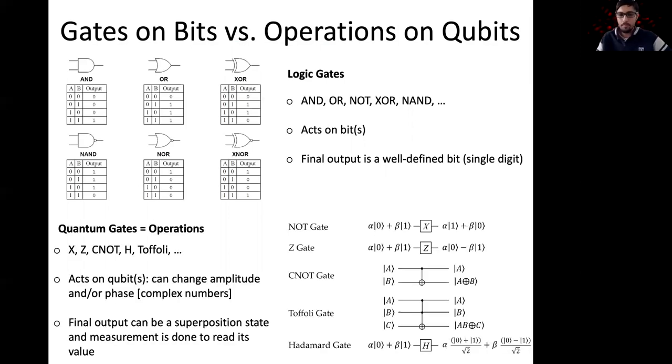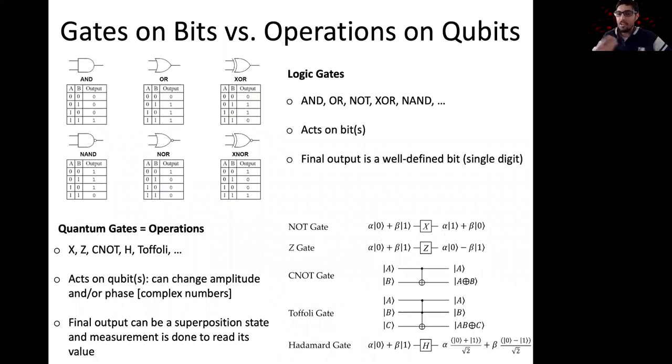However, in quantum computing, as I've shown you in the previous slide, the qubits are in a superposition state. They are not always 0 or 1. They could be combinations of 0s and 1s. So quantum gates are basically operations on those quantum states. They take a quantum state, which can be a combination of 0 and 1, and change those weights. For example, if an alpha 0 plus beta 1 state is passed to a quantum gate, it could generate a new state with slightly different alpha and beta.